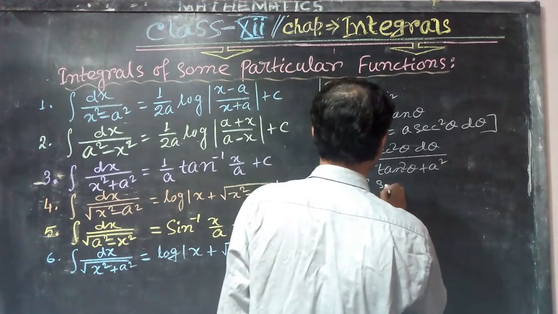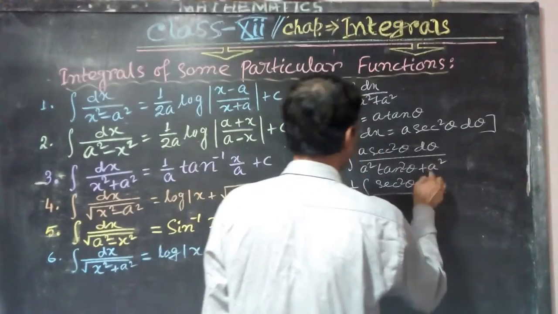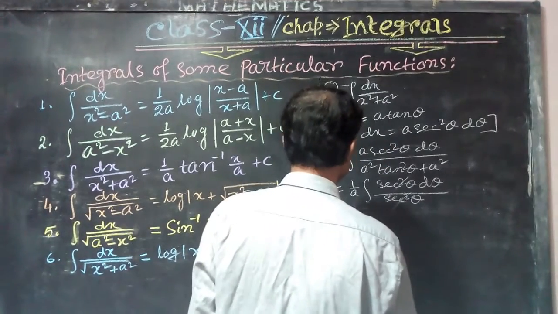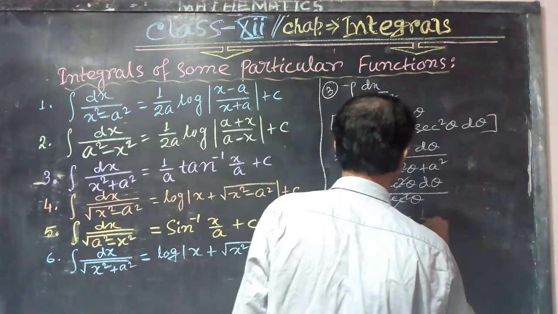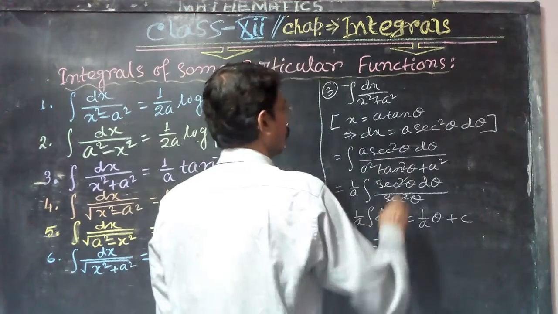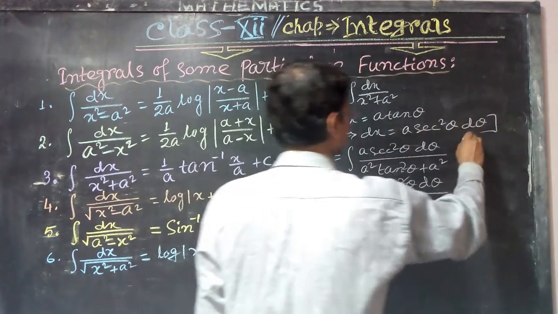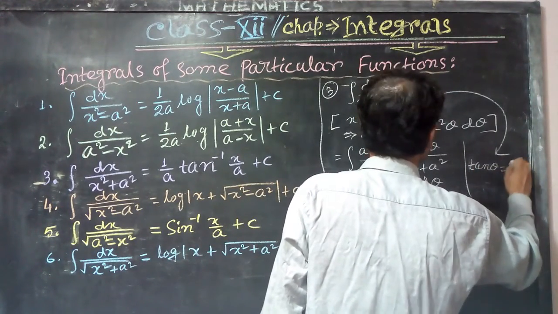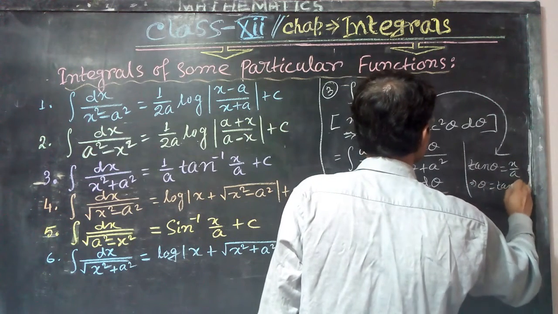Write one time, sec square theta d theta by 1 plus tan square theta equal to sec square theta, cancel, equal to 1 by a into integration d theta equal to 1 by a theta plus c. If x equal to a tan theta, then tan theta equal to x by a, and theta equal to tan inverse x by a.